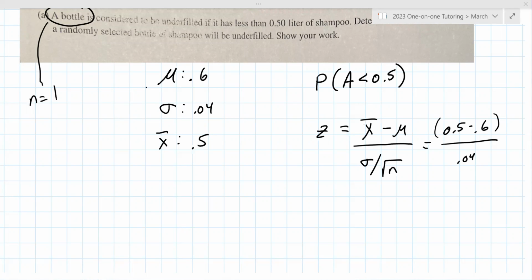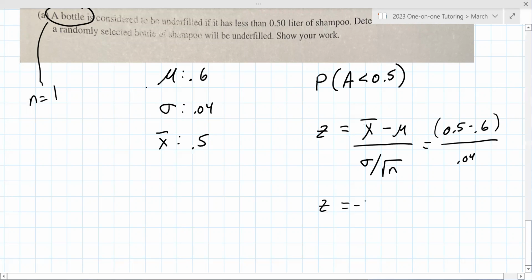Let's try the calculator. I got negative 2.5. Yes, so z is negative 2.5.